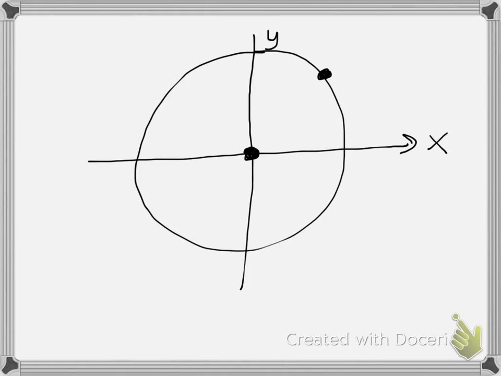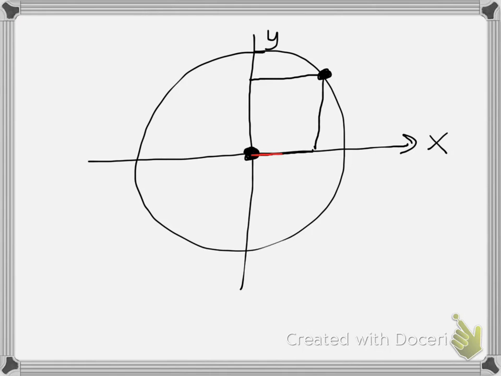Now it can only move along this circle, right? It can only move along that circle. And instead of giving it an x position and a y position, what we typically do is we give it an angular measure from the x-axis, okay?